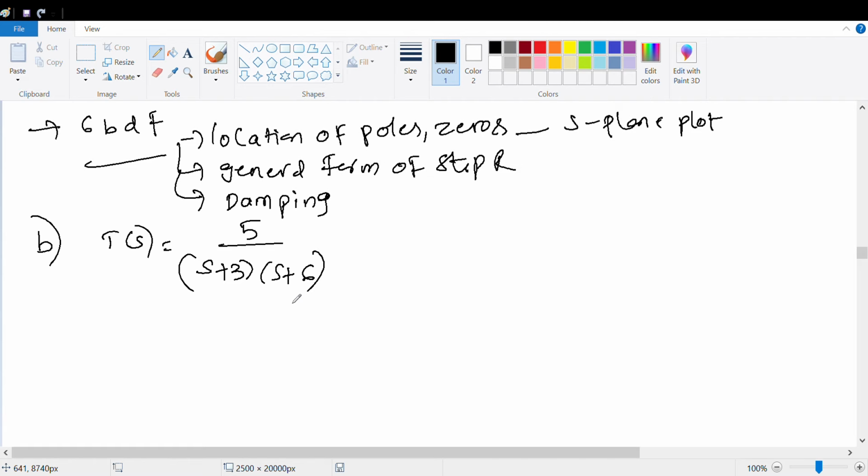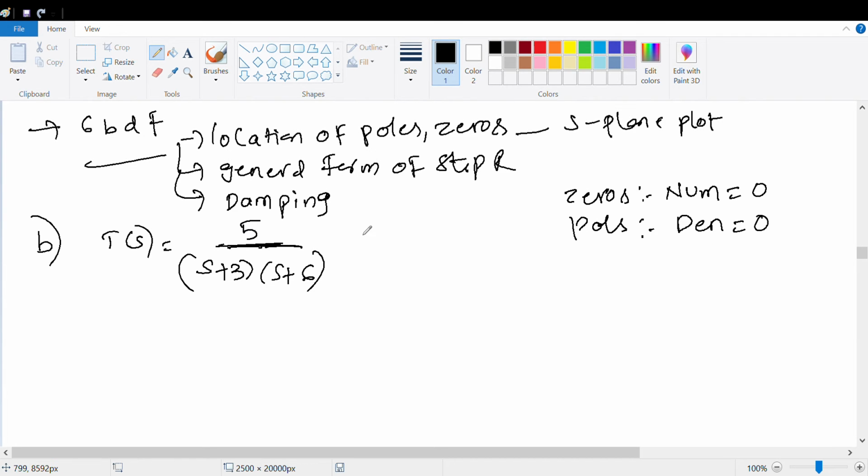We just learned that for zeros, numerator equal to 0, and for poles, denominator equal to 0.